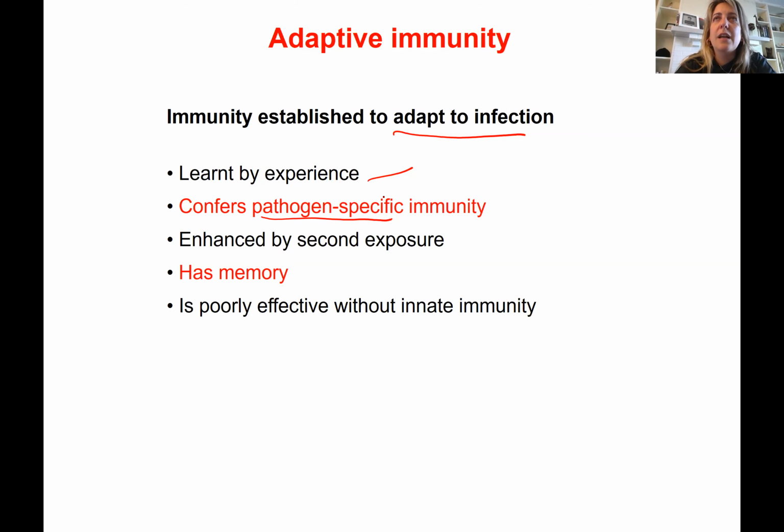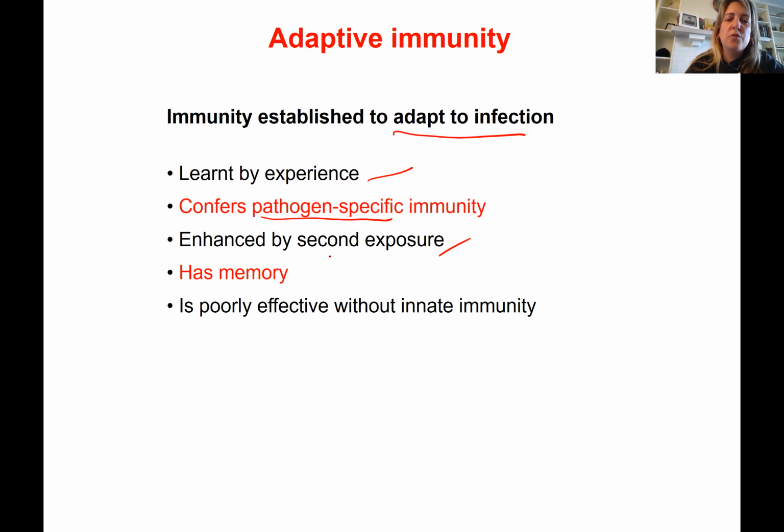Unlike the innate immune system, which uses broad parts of the pathogens, the adaptive immune system is going to be very specific for each specific pathogen. So it's not broad. It's not like the innate system is going to be activated the same way if it is E. coli, salmonella, etc. This one is very specific.